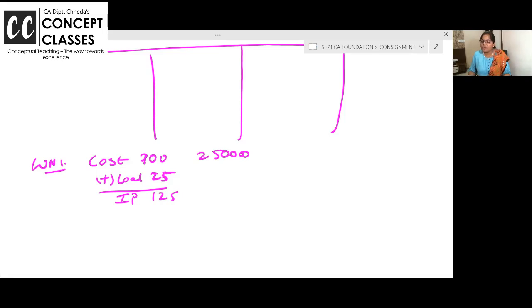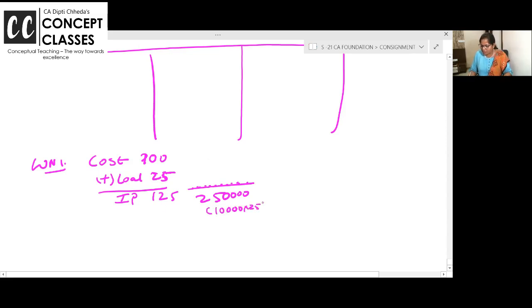The pro forma invoice was made by adding 25% to the cost. Goods are consigned at 25. Consigned means it will be this price. Consigned at 2,50,000. It's not cost. Cost में तो add होगा, but they are consigned at 25.